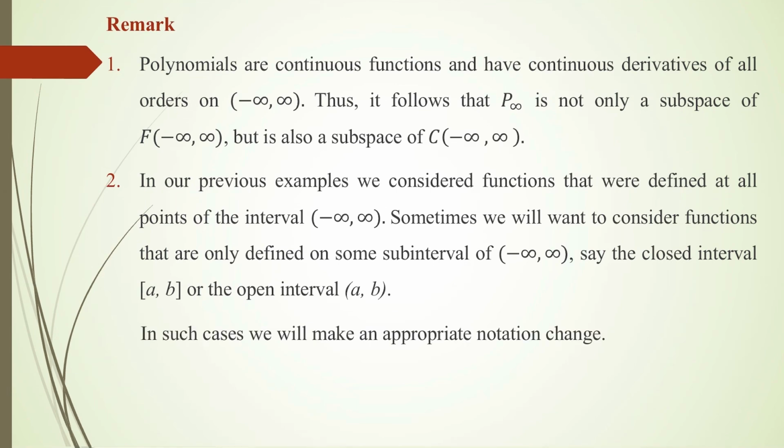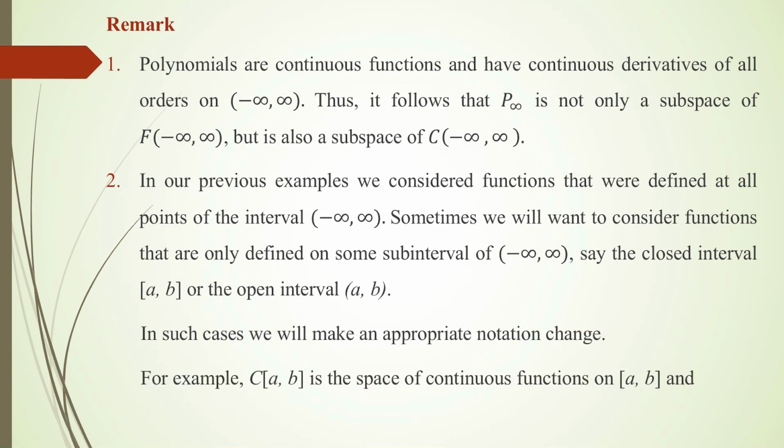In that case, we will use the notations C[a, b] for the space of all continuous functions on the closed interval [a, b], and C(a, b) is the space of all continuous functions on the open interval (a, b).